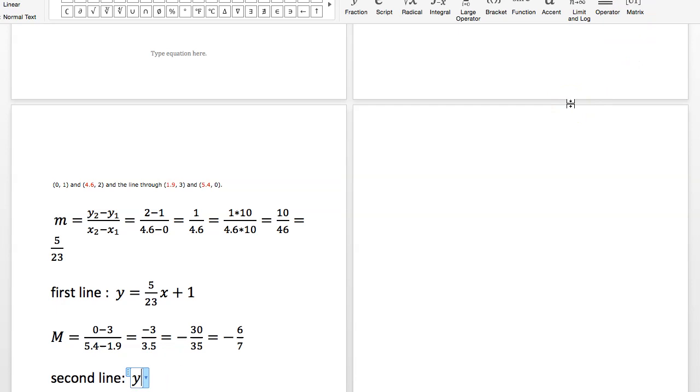Oh boy. So I got to do point slope. Now I passed through (5.4, 0), so I have my x-intercept. So what to do? I have my x-intercept. So I'm going to pick on (5.4, 0).